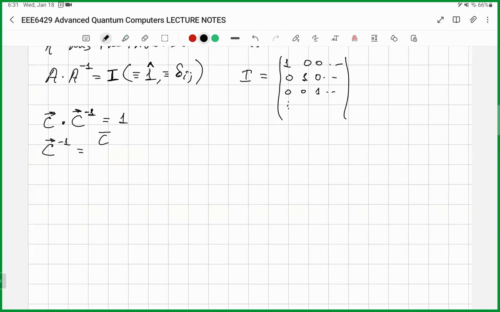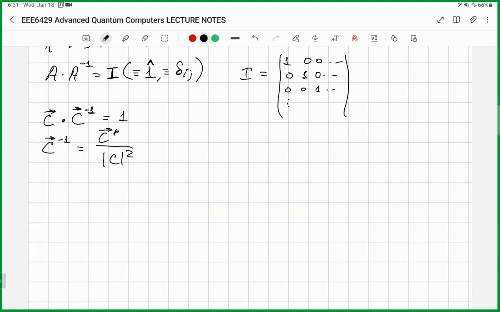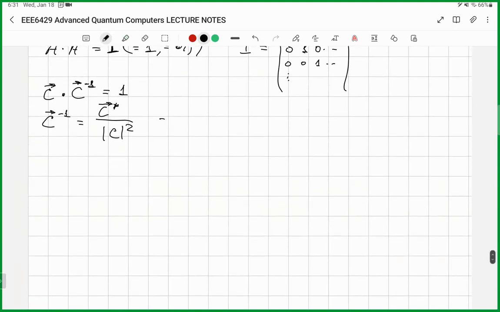The vector C itself, complex conjugated, over the length of the vector C squared. Why? Because let's take the product of the two.